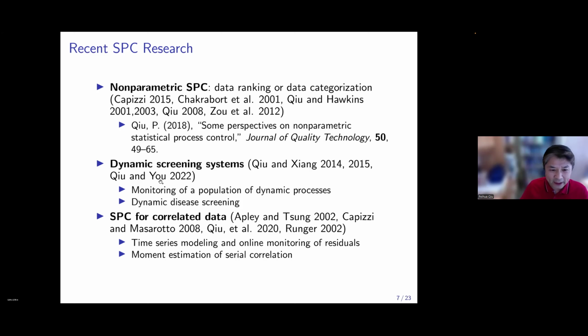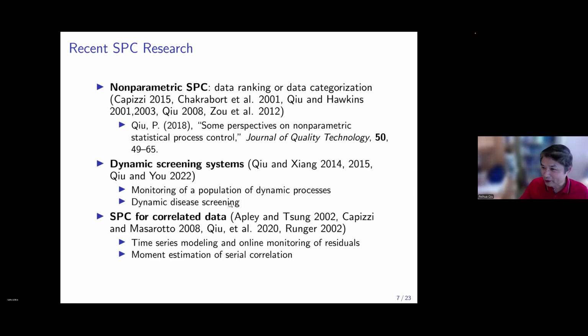And then about 12 or 13 years ago, I initiated a research area called dynamic screening systems. That research area is mainly for monitoring processes whose in-control distribution changes over time. That research is motivated by disease screening, trying to detect a specific disease, like a stroke, as early as possible.